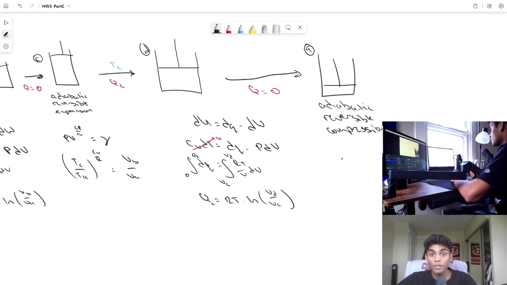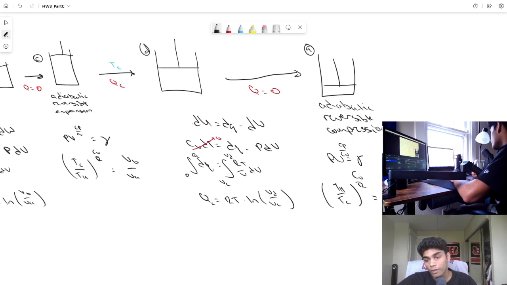So we go back to the fact that PV to the CP over CV is equal to that constant. From that, using ideal gas laws, we derive, this time, TH over TC to the CV over R is equal to VD over VC.